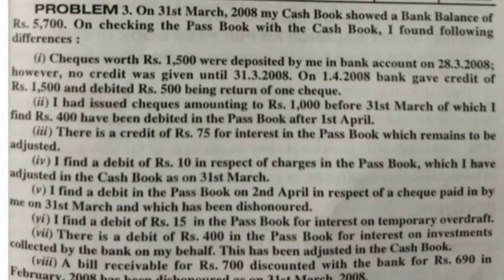So the first thing we need to do is rectify this entry. We need to rectify this debit as a credit. In the passbook, it is already debited. So now we need to add this amount of rupees 400 to the passbook. First we need to rectify the entry, so for rectification, the passbook should be added by rupees 400.